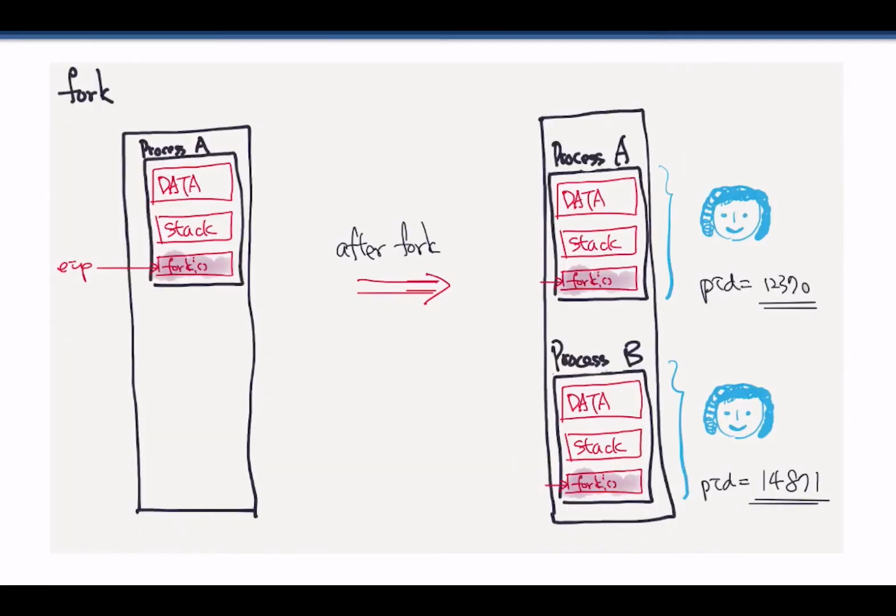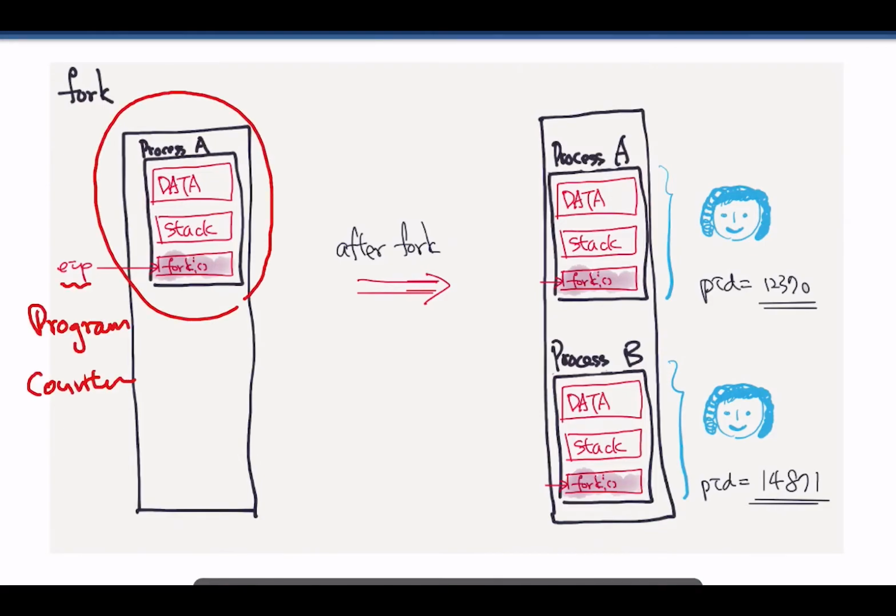Let's say process A is the parent process. Before, there is only one process, process A. After process A calls fork, the operating system creates an identical copy of the same process under a different process ID. On the right-hand side, the process ID of process A was 12370.